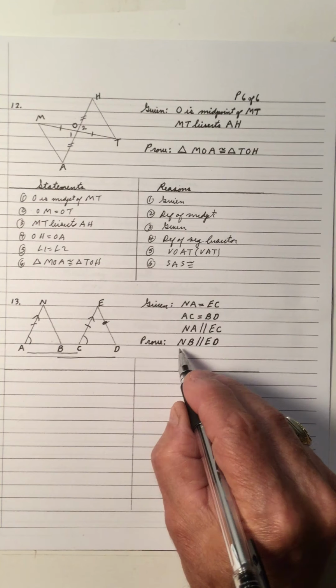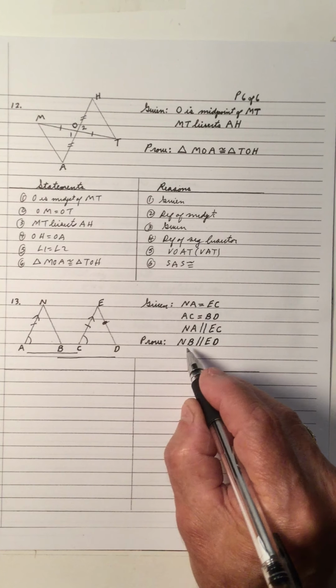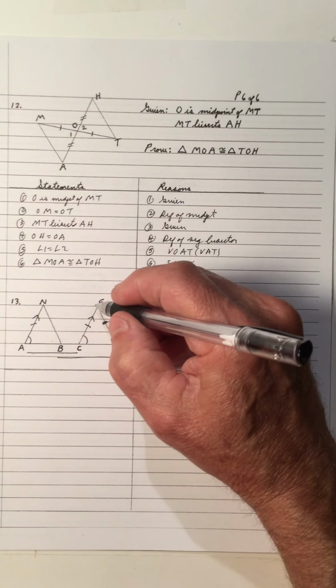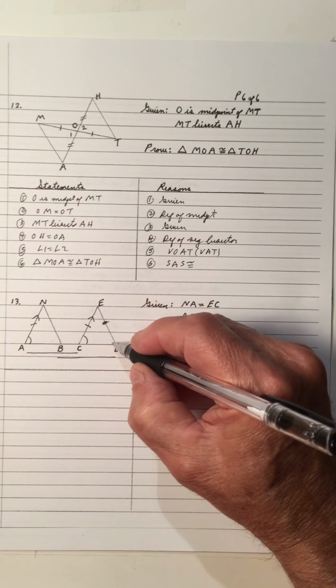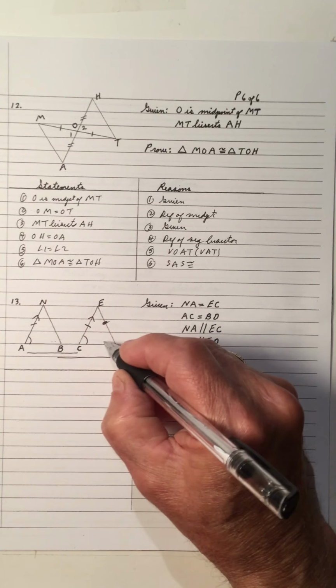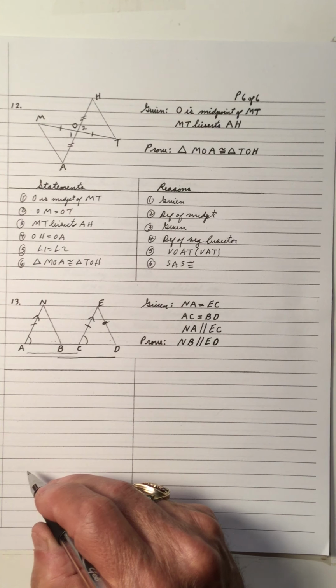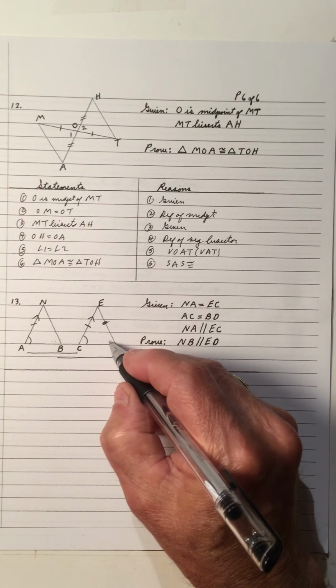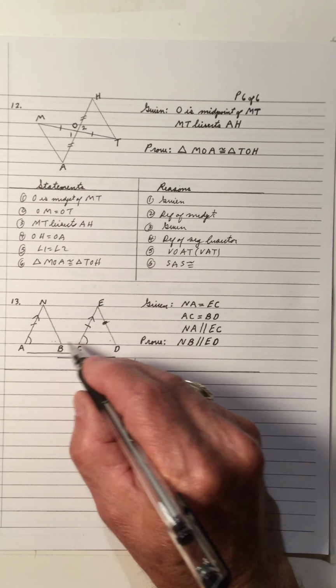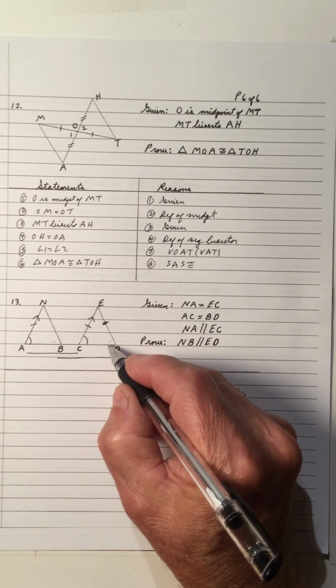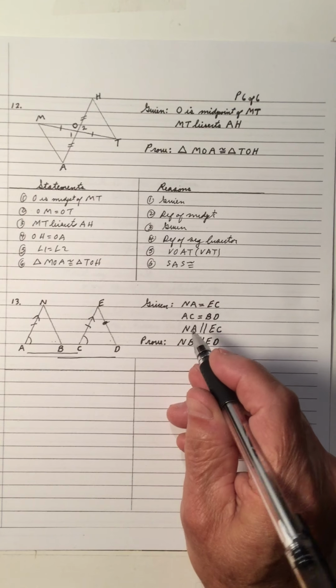And if I want to prove that NB is parallel to ED, if these are parallel, then these angles are going to be equal. So what I have to do is get my triangles congruent, and say that these two angles are equal, and then I'll have the parallel lines.